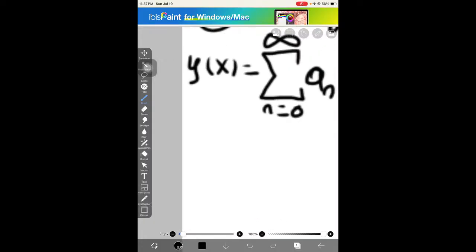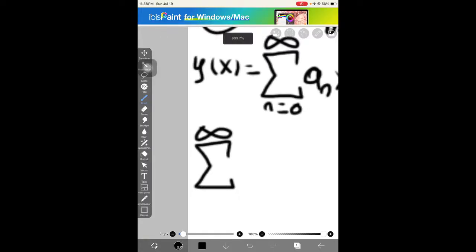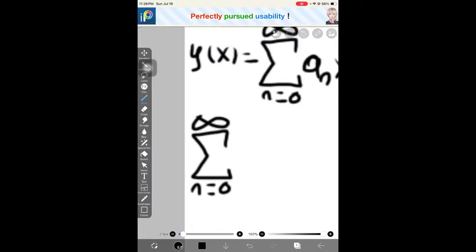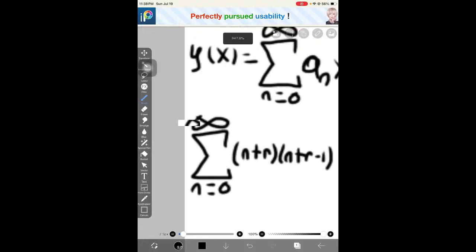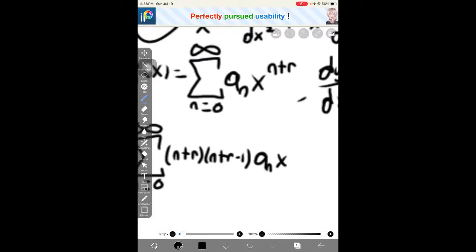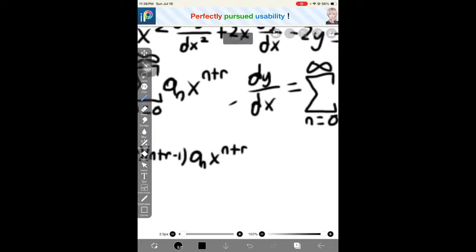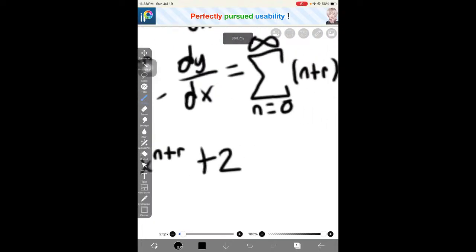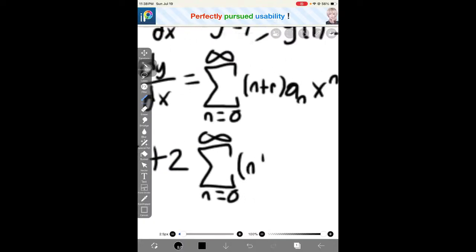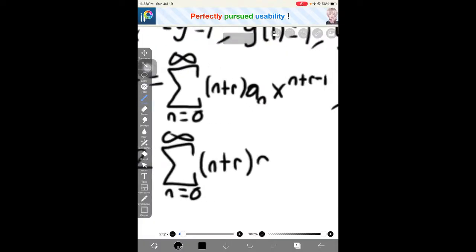Alright, so this is going to give us the following. n plus r, n plus r minus 1, a of n x to the n plus r, plus 2 times the infinite series a of n x to the n plus r.